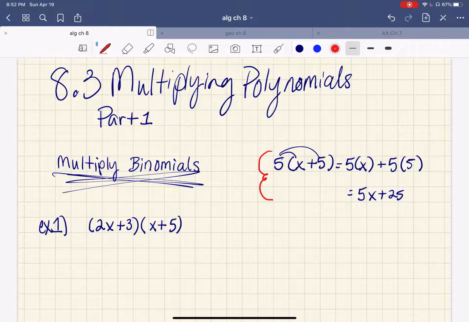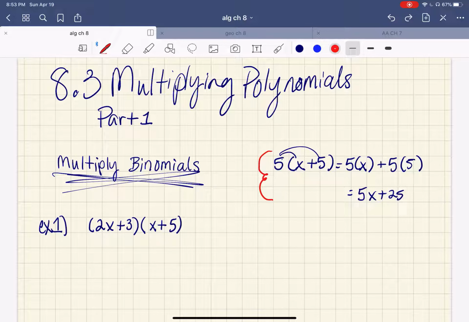But here's the thing that's weird. When I'm multiplying this, like this and this, that looks kind of weird, doesn't it? There's an addition sign in there. Just like we can multiply a monomial and a polynomial, we're going to be able to do the same thing with multiplying 2 binomials.